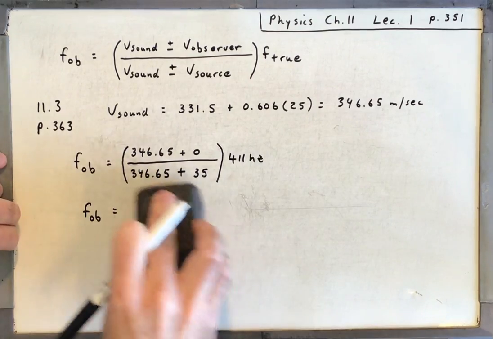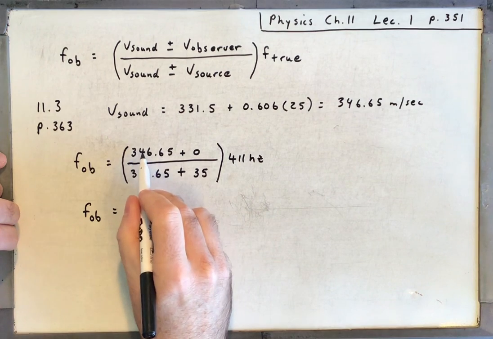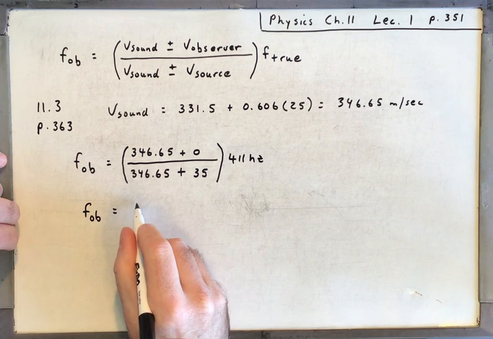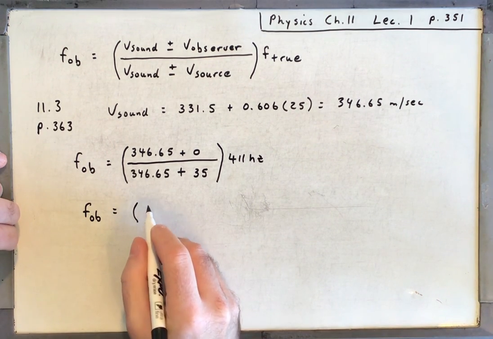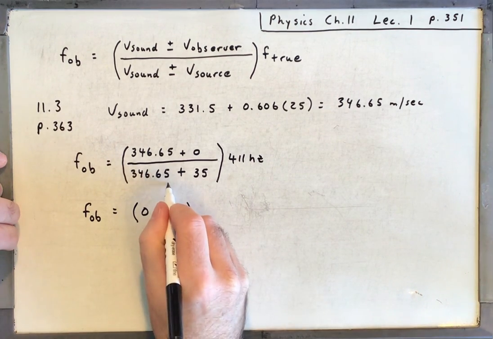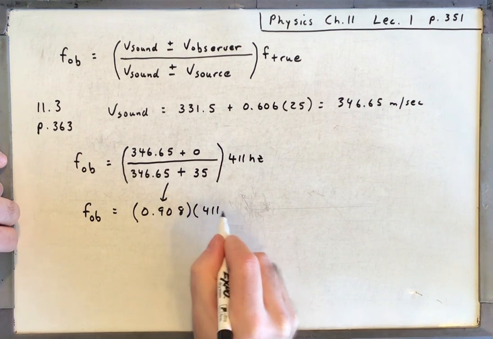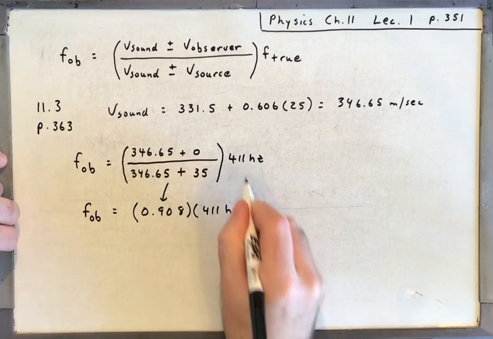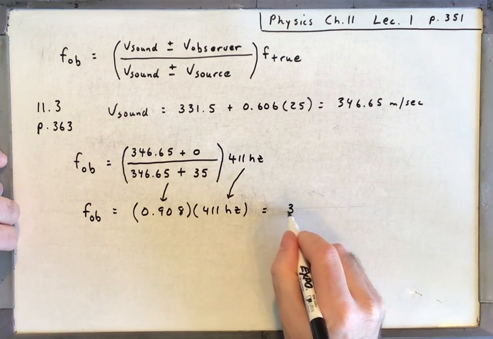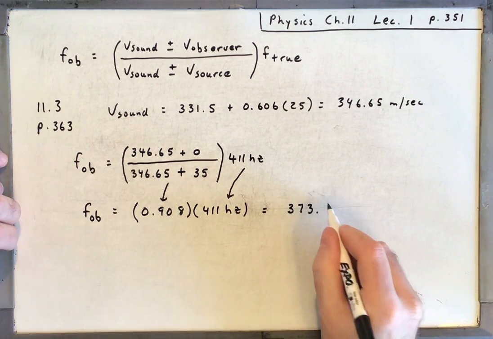Instead of writing all that out again, sorry about that, I'm just going to write 346.65 over 346.65 plus 35. That gives you 0.908. There's no reason to write it all again. And then times 411. So we get an observed frequency of 373.3 hertz.